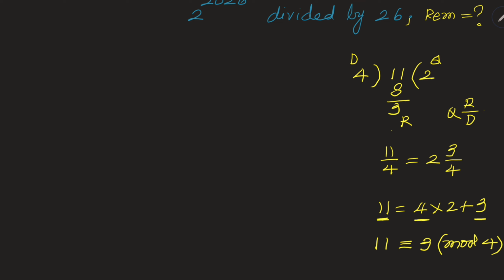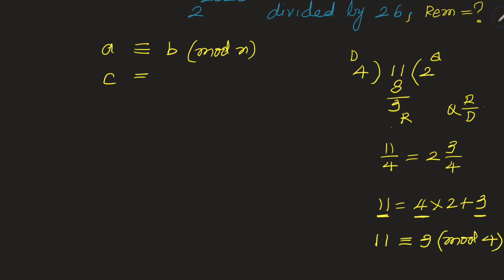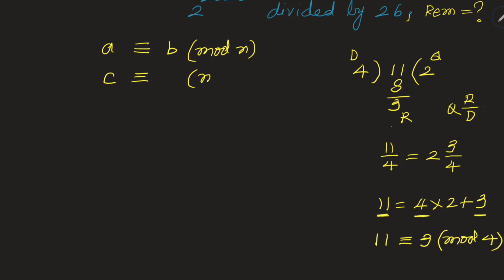Now once we understood that, let's generalize it. Suppose I am dividing A by N, then the remainder is B, and if I am dividing C by N, the remainder is D. Then when you divide AC by N, the remainder will be BD.